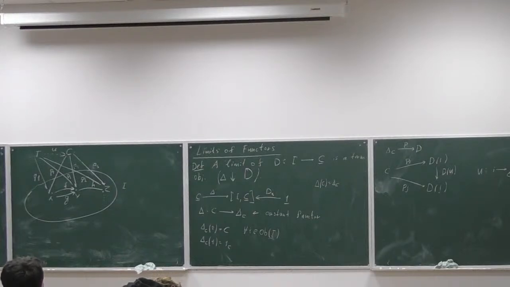Another way to say this is that the limit is a terminal object in the category of cones over diagrams of a given shape.